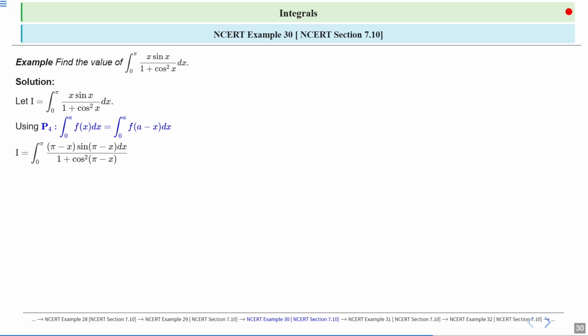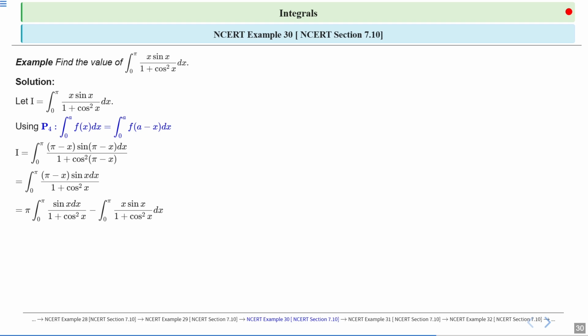As we can see here, it becomes pi minus x into sine x dx by 1 plus cos square x, because sine pi minus x is sine x. So in this type of function, you use the property 4. It becomes pi into integral from 0 to pi of sin x dx by 1 plus cos square x, minus integral from 0 to pi of x sin x by 1 plus cos square x dx.